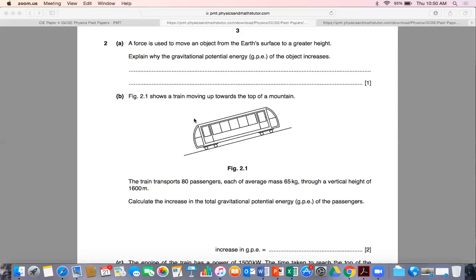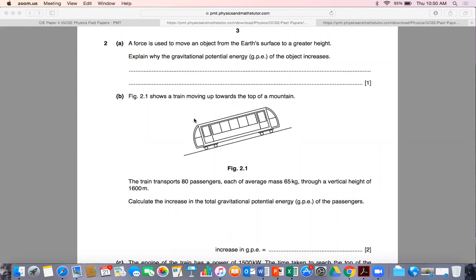You have to take M, G, and H. This is the formula for potential energy. So MGH, so I take mass, which is 80 times 65, because 65 is one person's average, 80 passengers. Times G, gravitational acceleration, which is 10, and times height, which is 1,600 meters.